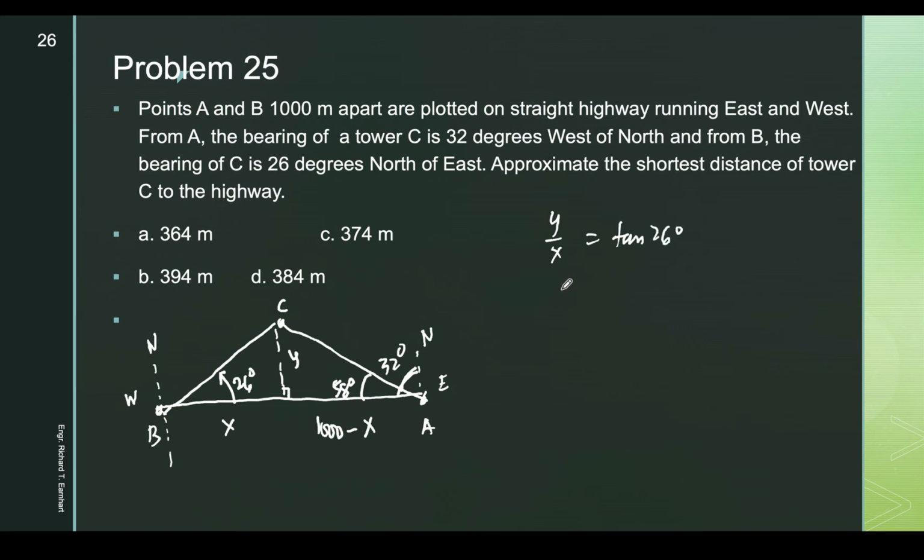So we have X equals Y over tangent of 26 degrees. And for the other triangle, we have Y over 1,000 minus X equals tangent of 58 degrees.